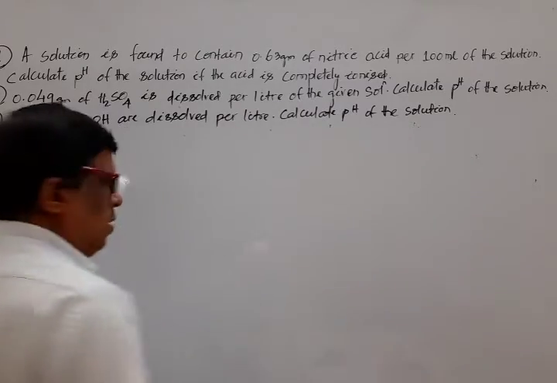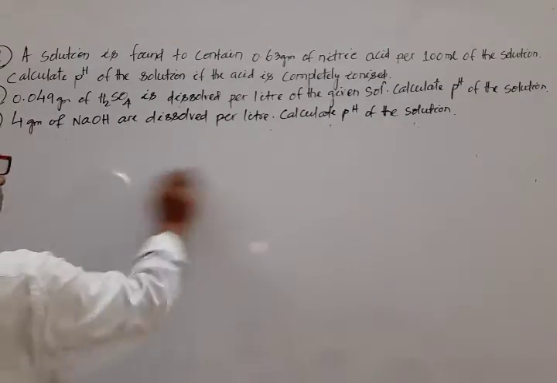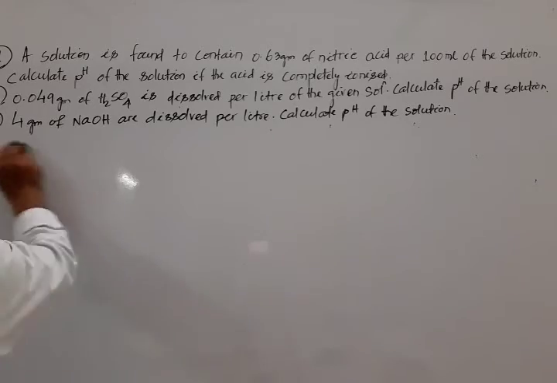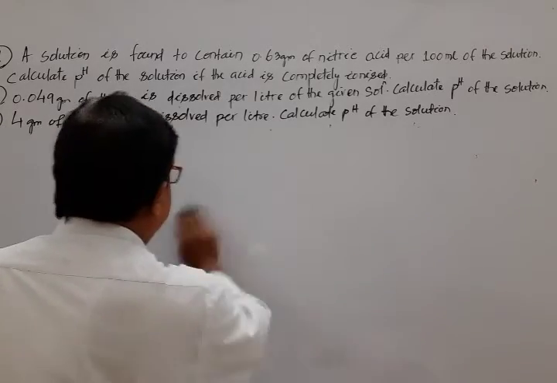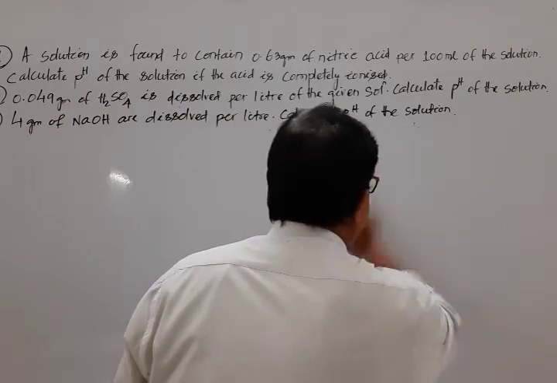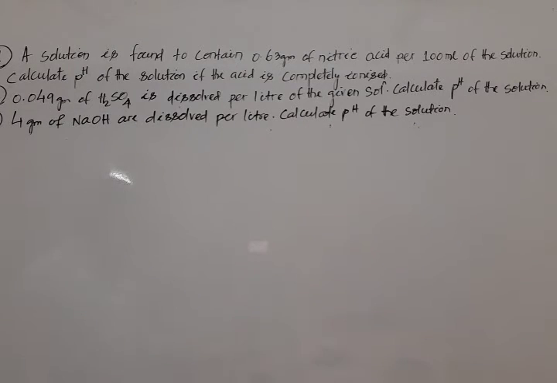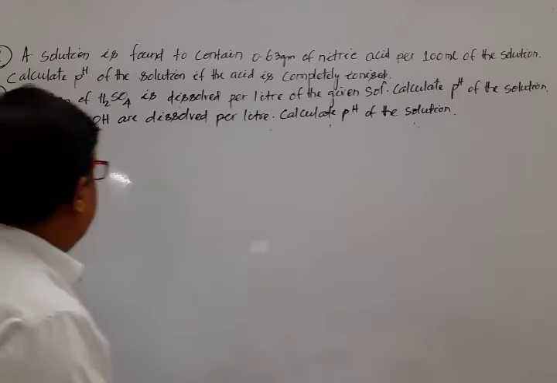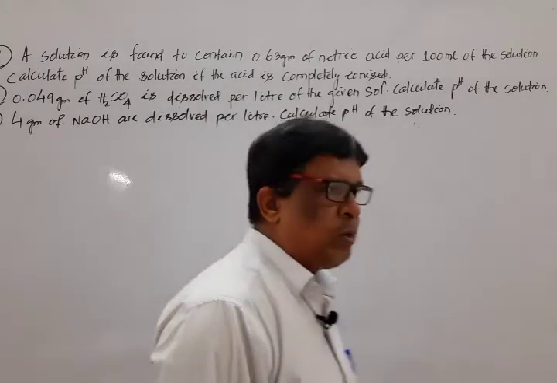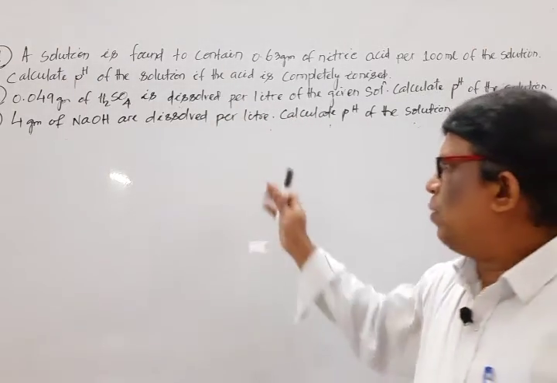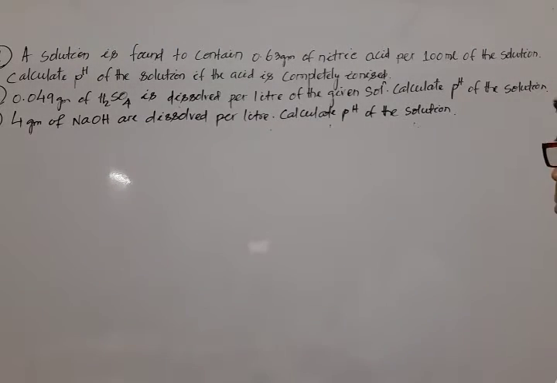Mark that. What is the next question? Mark the question. 4 gram of sodium hydroxide dissolved per liter of the solution.